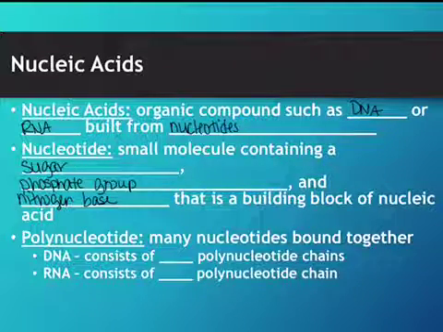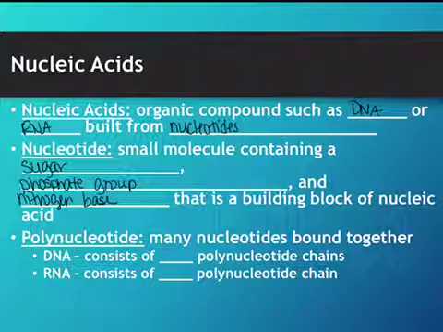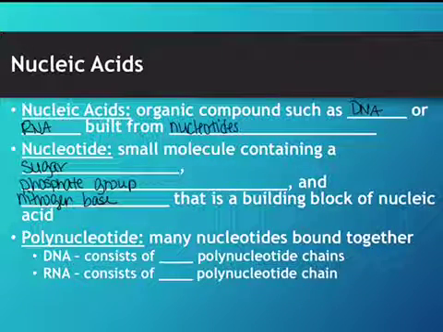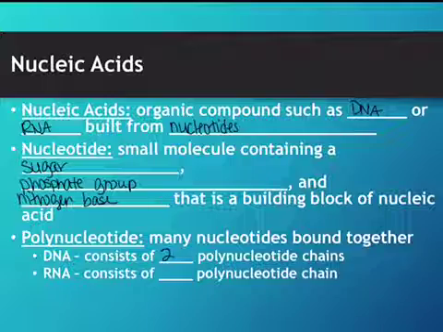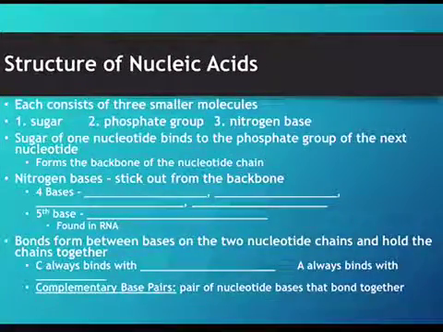A polynucleotide will be when we have many nucleotides bound together. In DNA, we have 2 polynucleotide chains, and RNA only has the 1 polynucleotide chain.